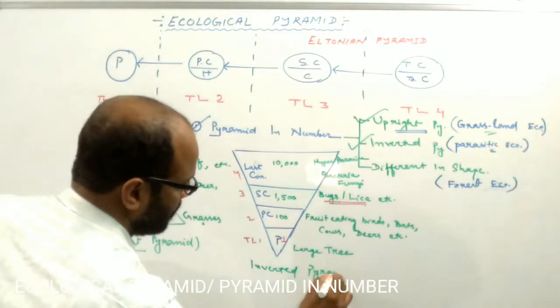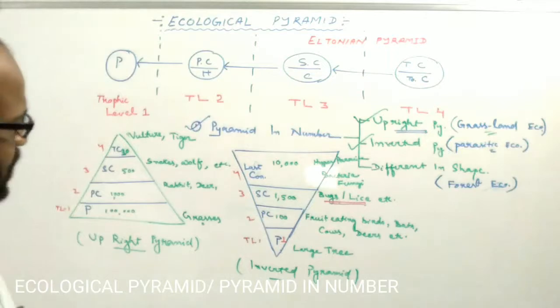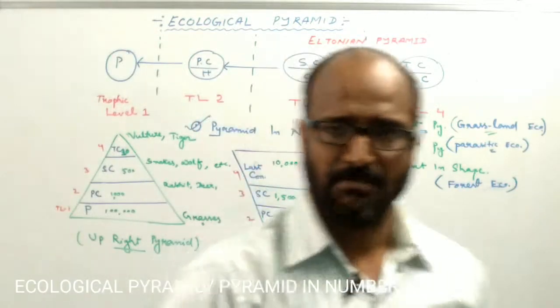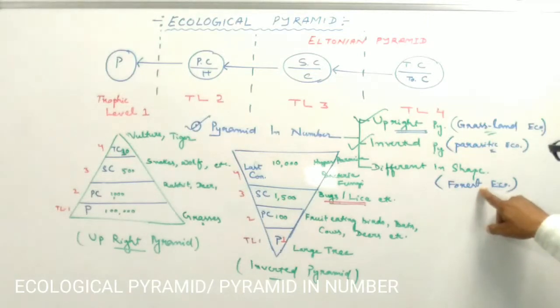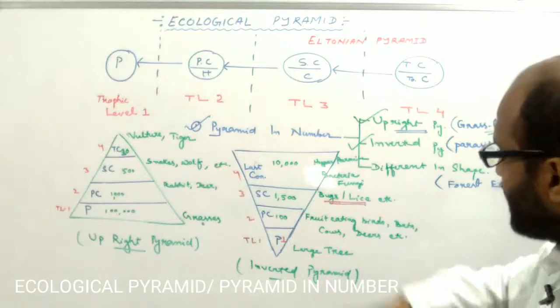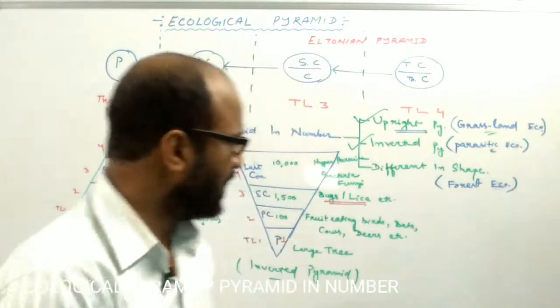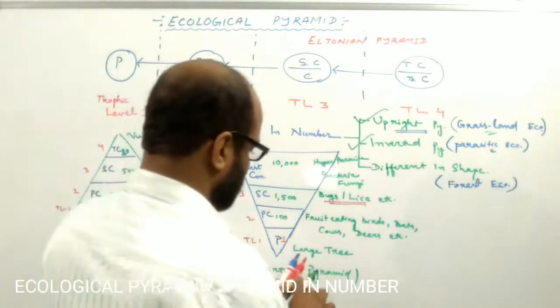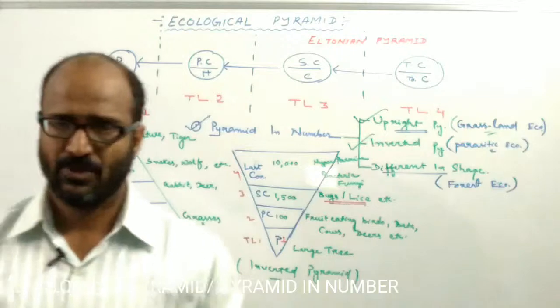So another type of pyramid of numbers is also present, which differs from the upright pyramid and differs from the inverted pyramid. And such a type of pyramid we put under another head, known as the different in shape pyramid.